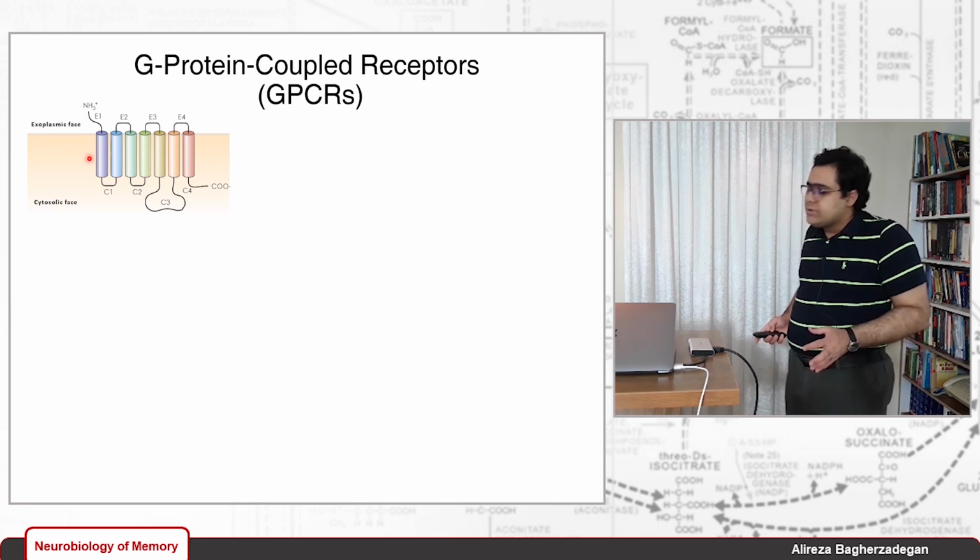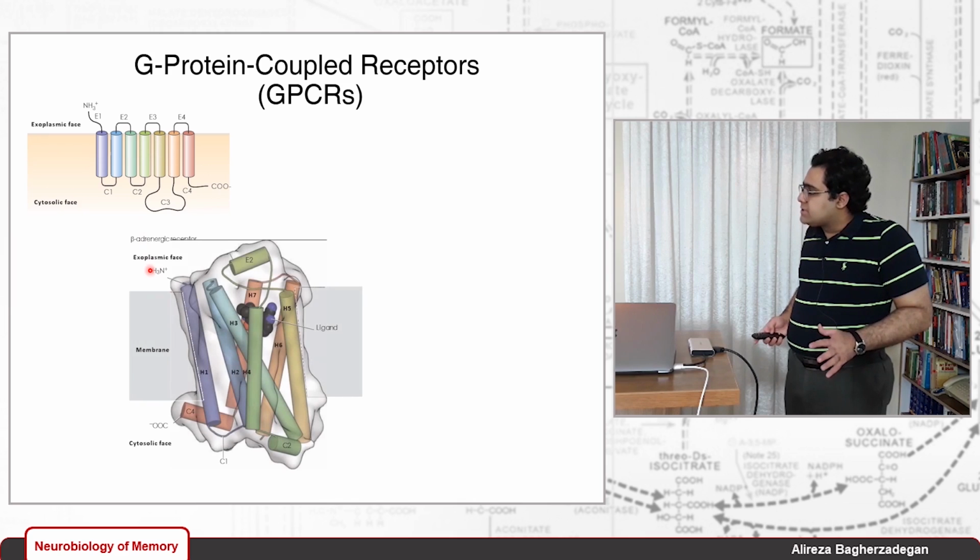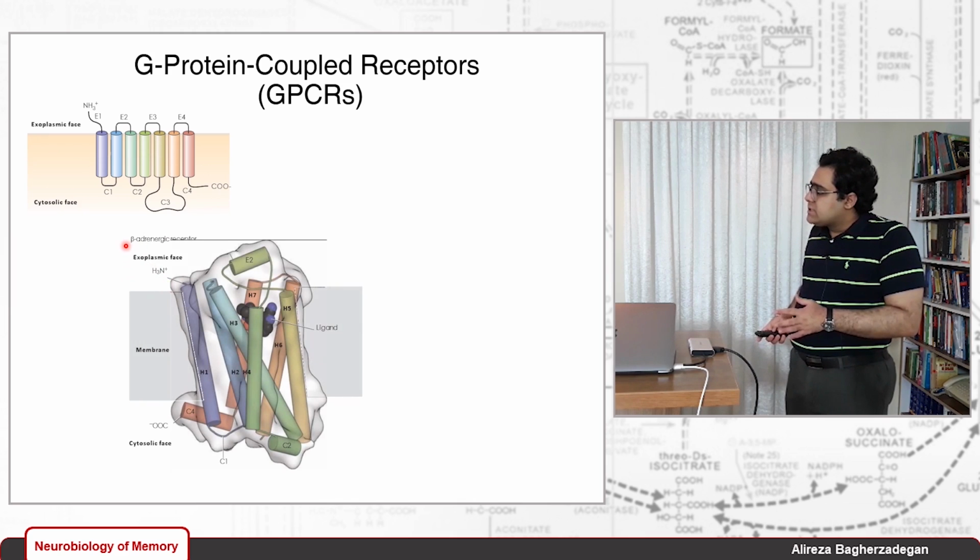So this is the general structure of a G protein coupled receptor. This one is a real example of it, the beta-adrenergic receptor, which is a G protein coupled receptor. And you can see these alpha helices.